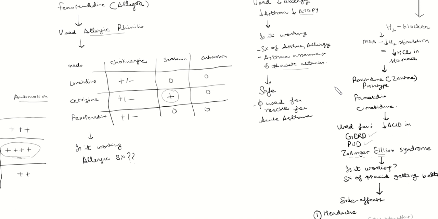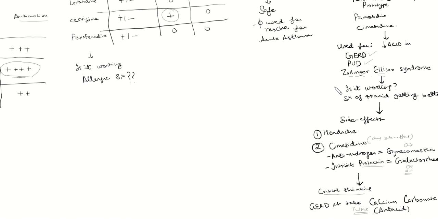For H2 blockers, it's ranitidine, famotidine, cimetidine, which decrease acid. Cimetidine has a lot of drug side effects and has fallen out of favor a little bit, but generally they have a very safe profile. And we are looking at headache being the number one issue with these drugs.